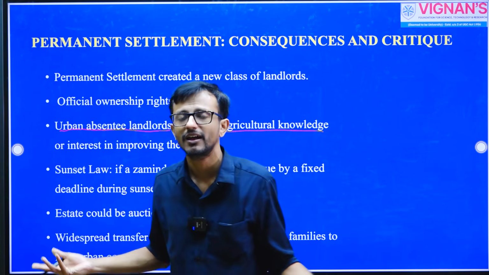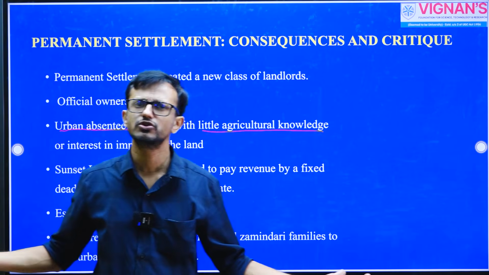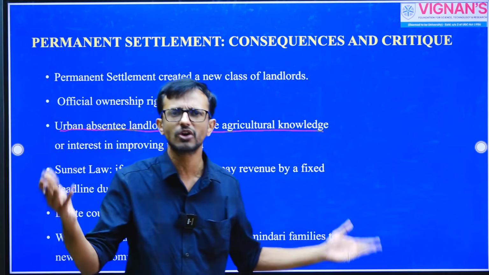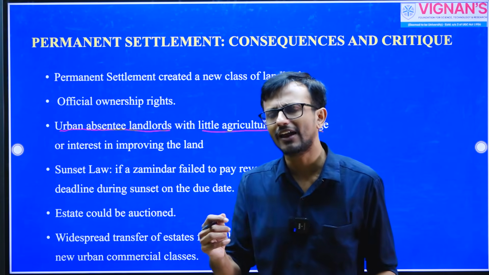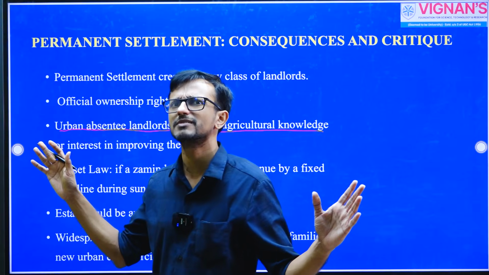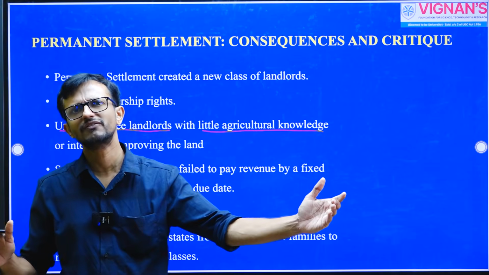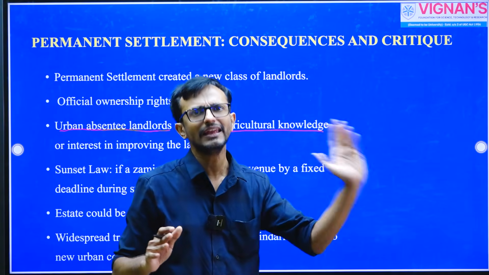But what is happening is that so many absentee landlords or jotedars without any knowledge about the soil are taking away the land. So that's the term, absentee landlordism. It is very different from the idea that was there in England, right?